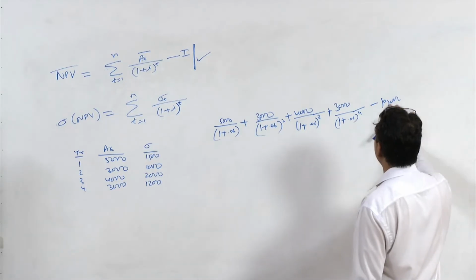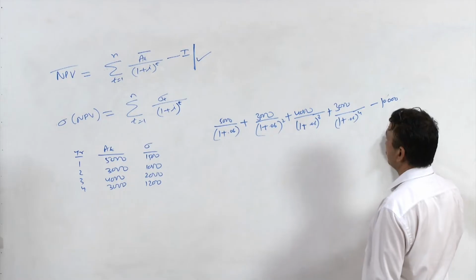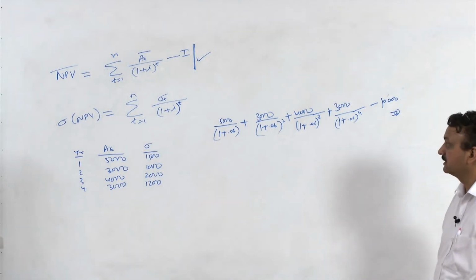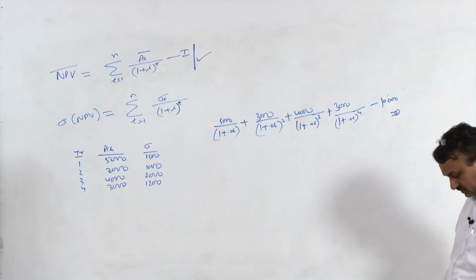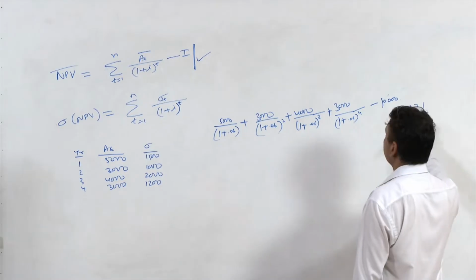This value can be calculated easily, and for your convenience, it is 3121.